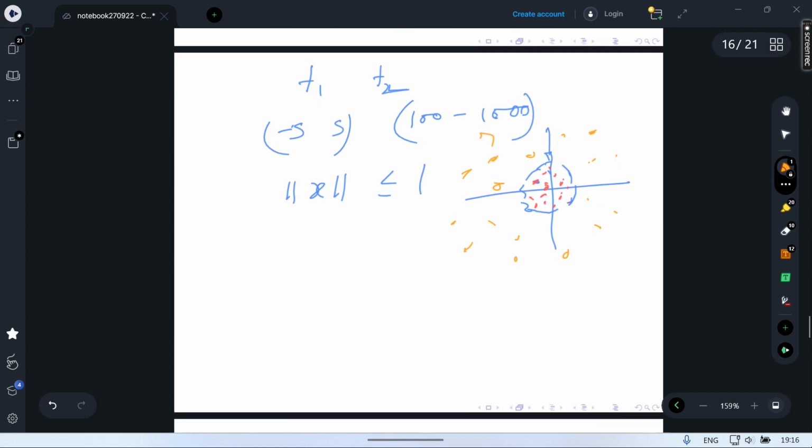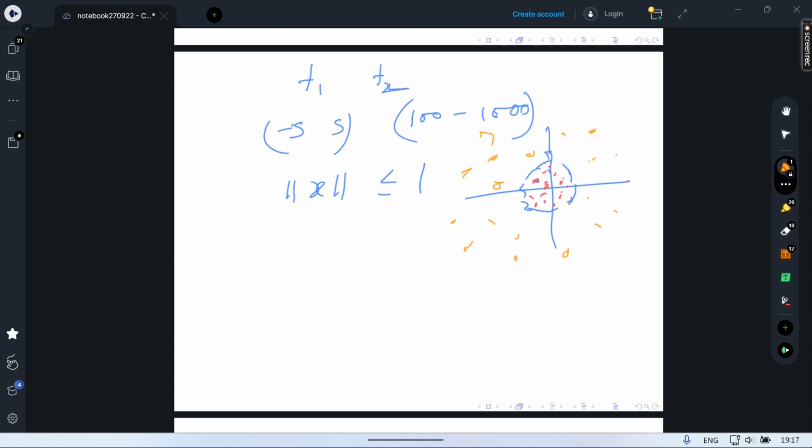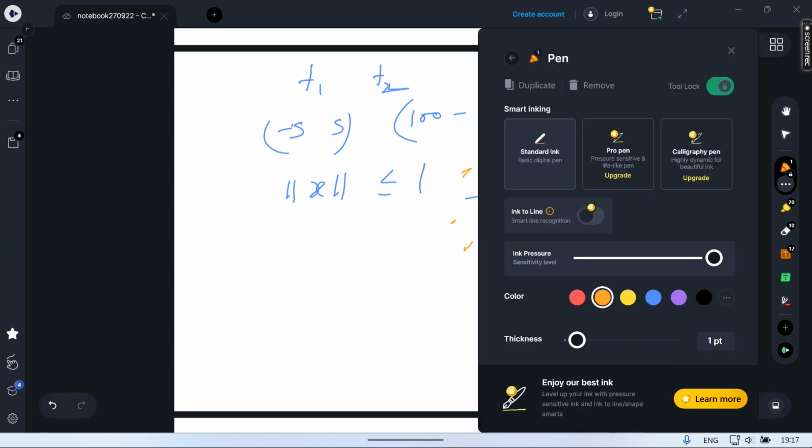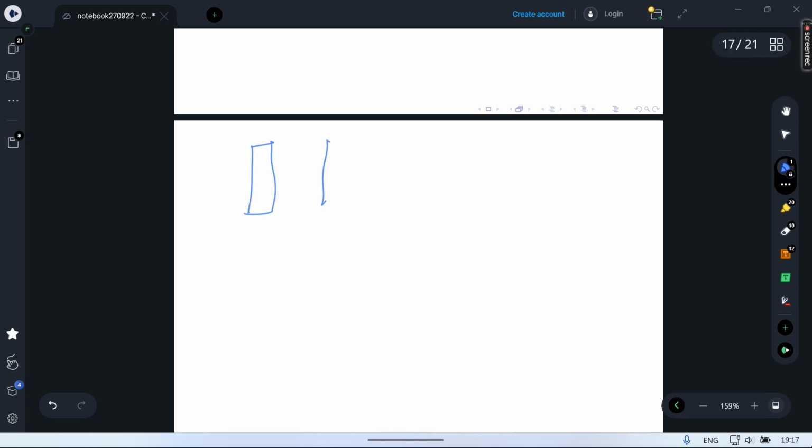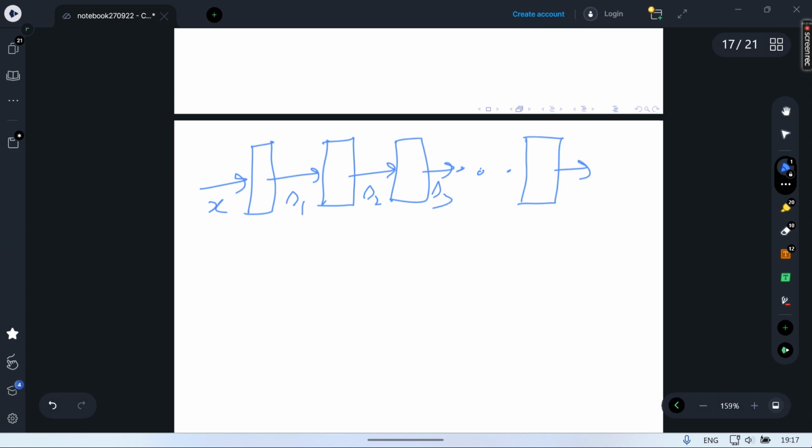Okay, now the question is, obviously in deep learning, suppose you have some deep learning model like this. x is your input, then S1, S2, S3 are intermediate states.